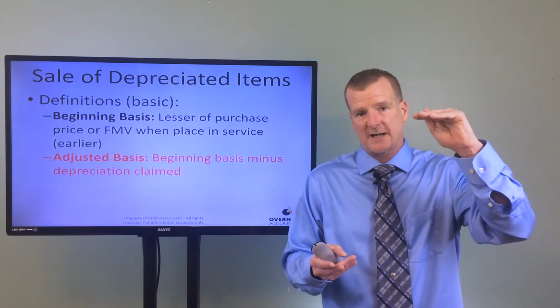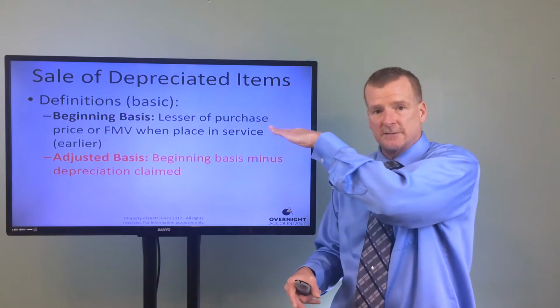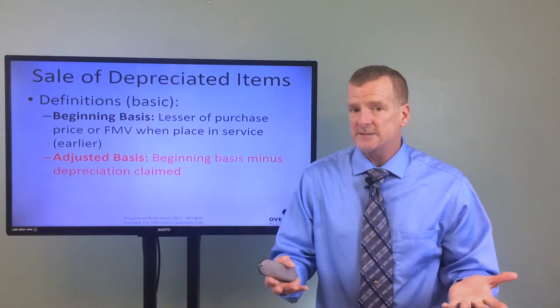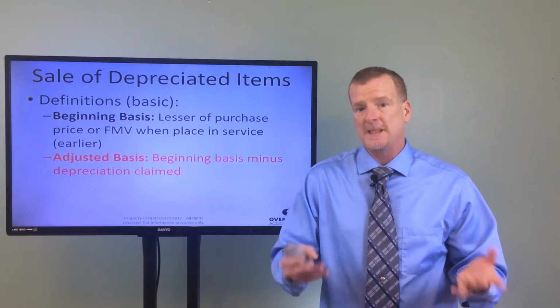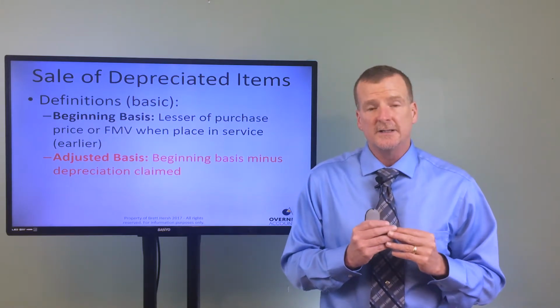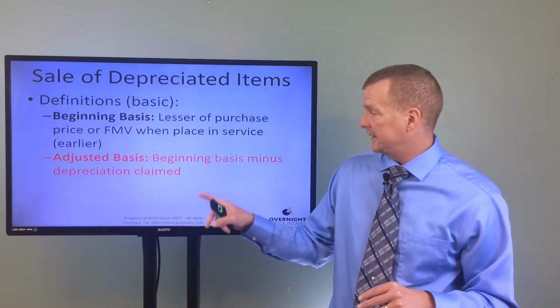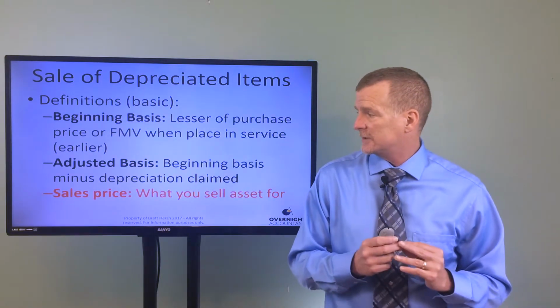The beginning basis was $10,000, you've written off $3,000, so your adjusted basis is now $7,000. That is what we use to calculate your gain or loss on a sale. That's beginning basis minus depreciation claimed.